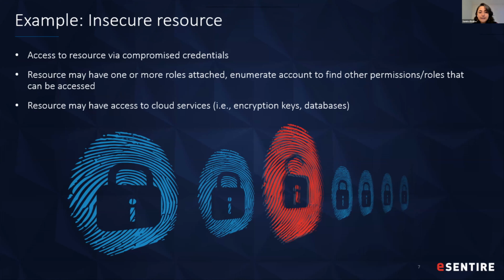Using this data, it can be quite easy for an adversary to find a resource to log into. This resource may have permissions to access a customer database, encryption keys, or other cloud services. An enumeration of the cloud resources and services will reveal this access. Next slide, please.